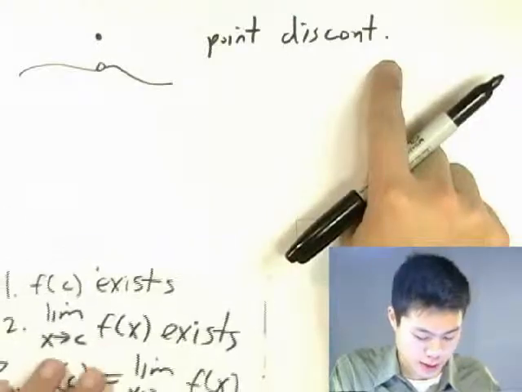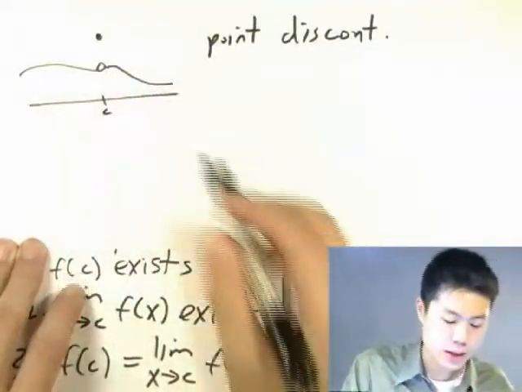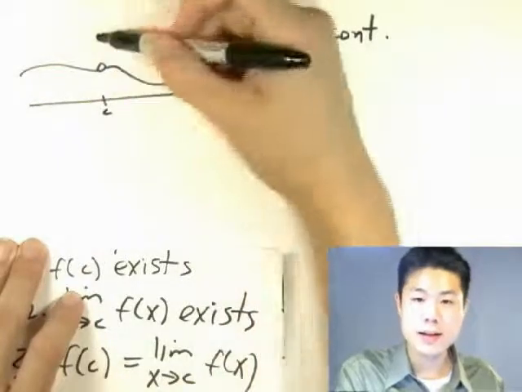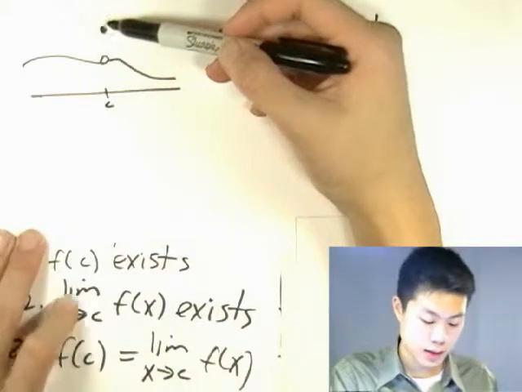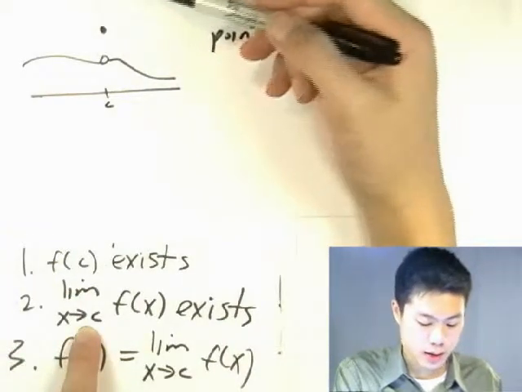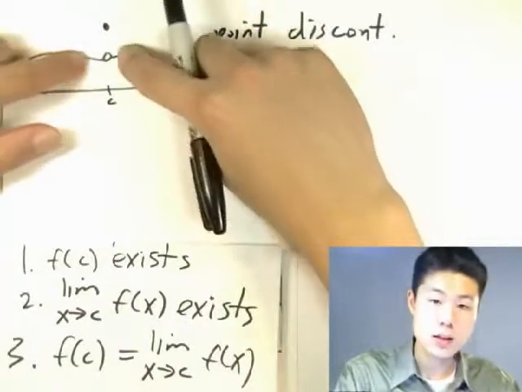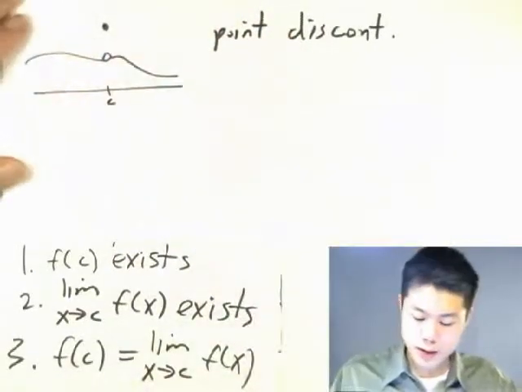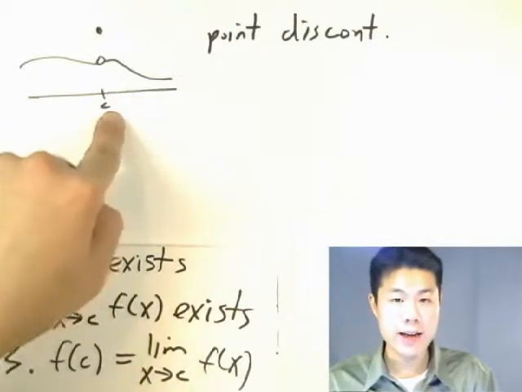So let's do the test again. Does f of c exist? Say c is at this point. Yes, it does, because it is defined at this point here. Second condition, does the limit exist? Well, yes, it does, because it goes together at the point. Remember that with limits, we don't care what happens at x equals c.